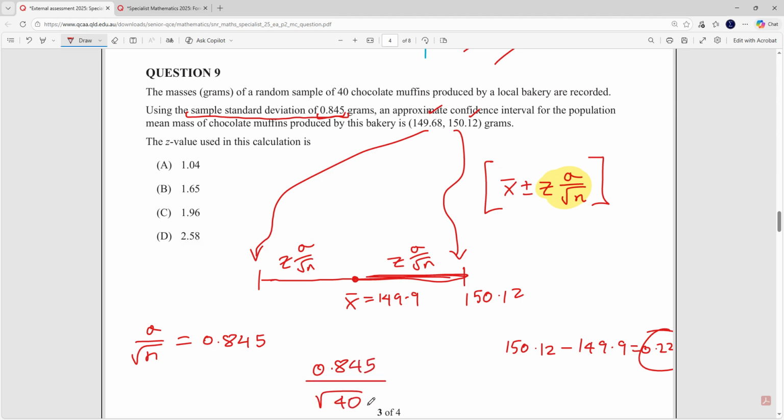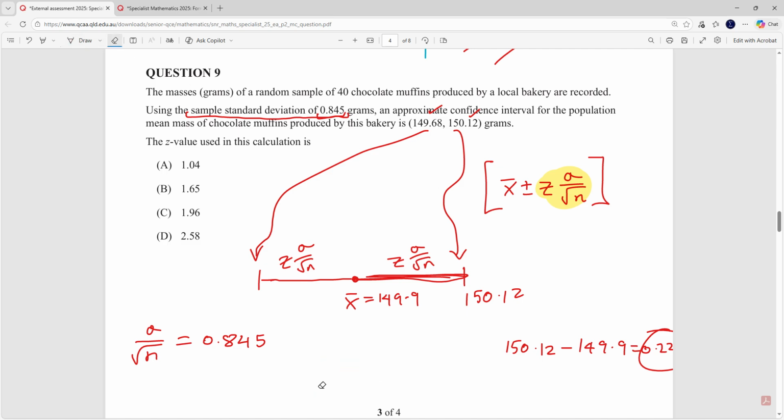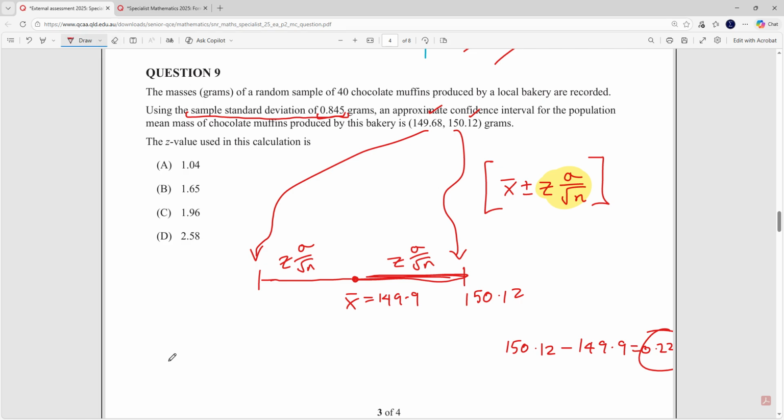You actually don't need the 40 here, because they've said using a sample standard deviation of 0.845 grams. They've already calculated that. I can understand why people would use the square root of 40 on the bottom, but based off this wording that is actually just incorrect. If they meant something else, then they've used the incorrect wording here. So what does that mean for us? Well, it means this.